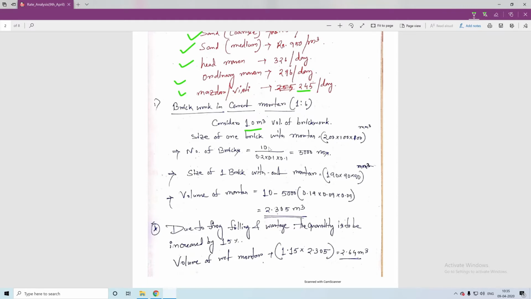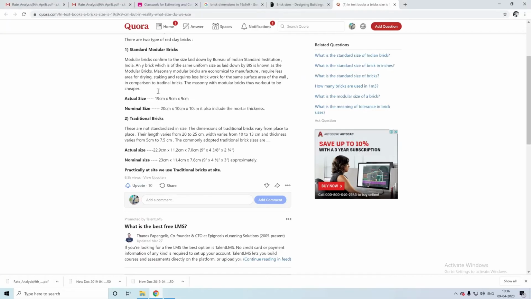The data I have from the book is the nominal size of the brick, that is 200 into 100 into 100. This is with mortar, and without mortar it is 190 into 90 into 90. Also I can show you here: standard modular bricks, actual size 19 into 9 into 9 centimeters cube, nominal is 20 into 10 into 10 centimeters cube. These are traditional bricks, you know.